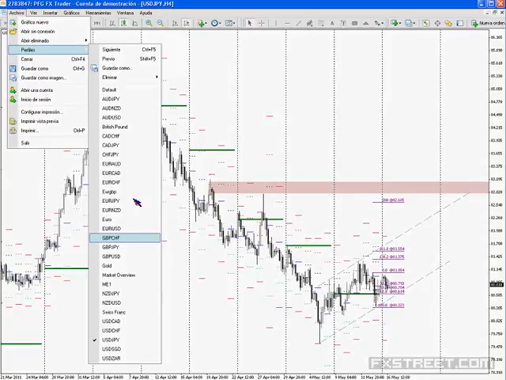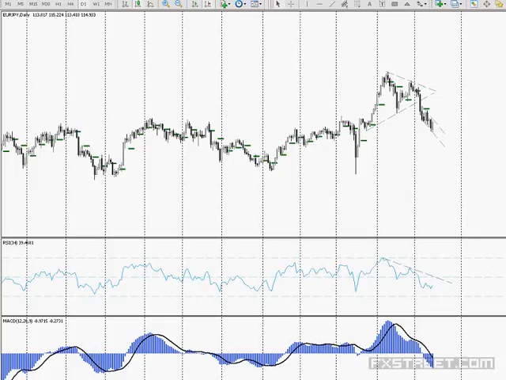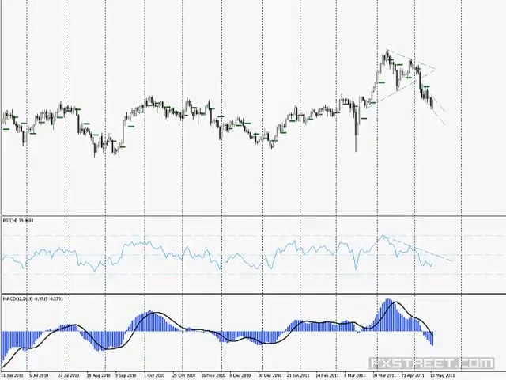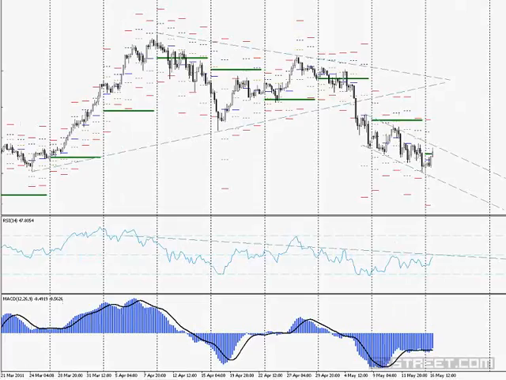Let me switch pairs here to the Euro Yen. And here we have the daily chart. I've drawn here a possible triangle formation on the daily, which is more clearly seen here on the 4-hour.